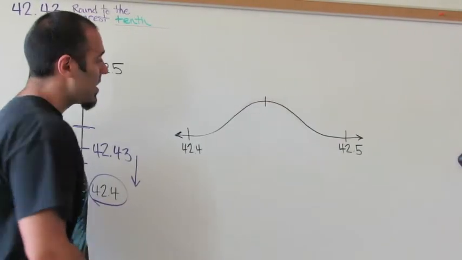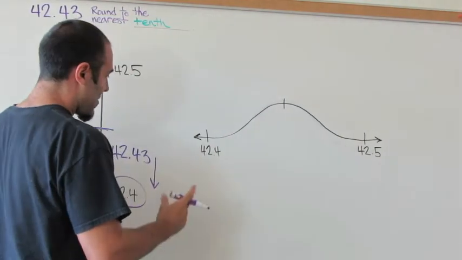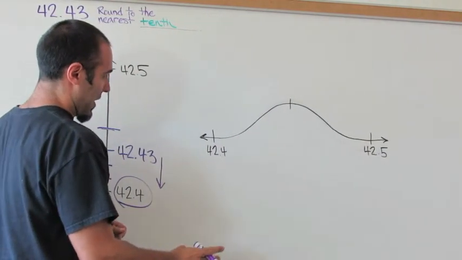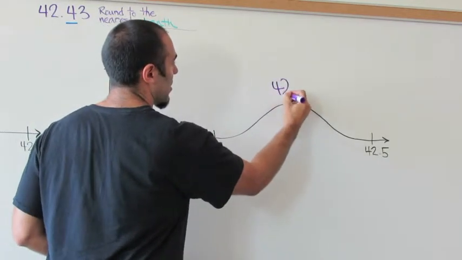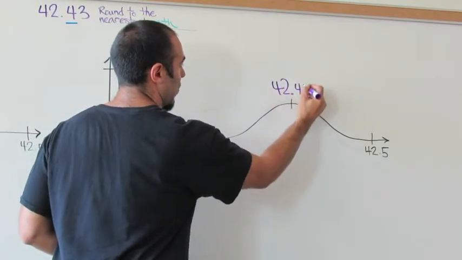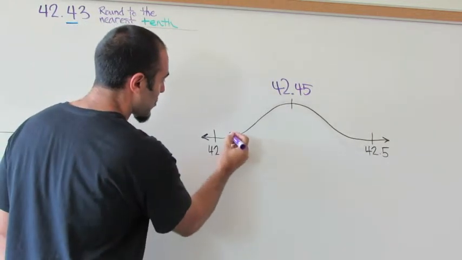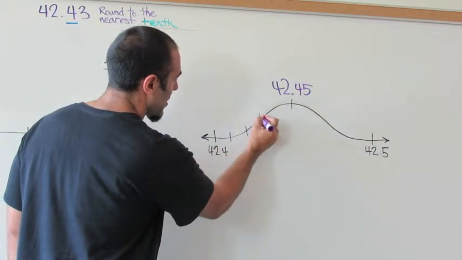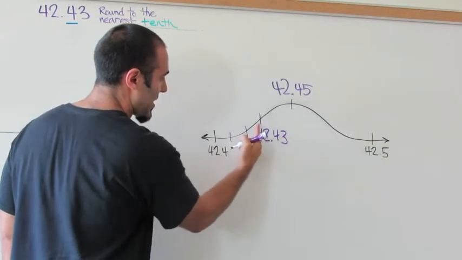Another number line is this hill number line. This is another way to represent it visually. Same midpoint, 42 and 45 hundredths. So 42.4, if we draw our tick marks, 42 and 43 hundredths is going to be here.